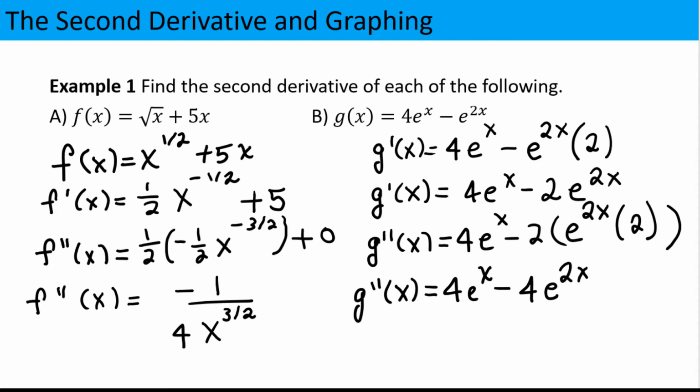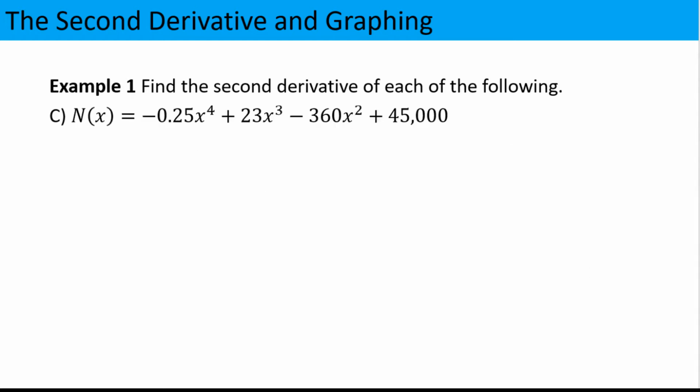Continuing, for c, N of x equals negative 0.25x to the 4th plus 23x cubed minus 360x squared plus 45,000. Let's find the first derivative. 4 times negative 0.25 is negative 1.